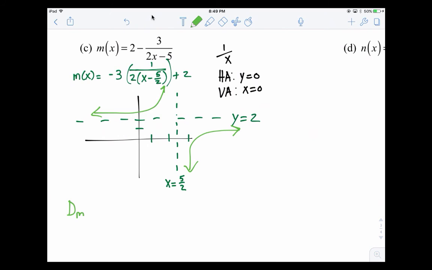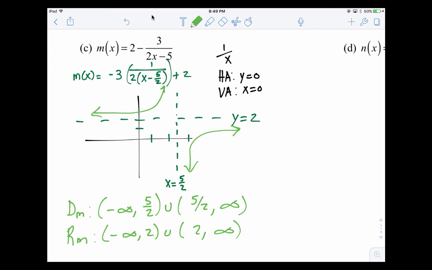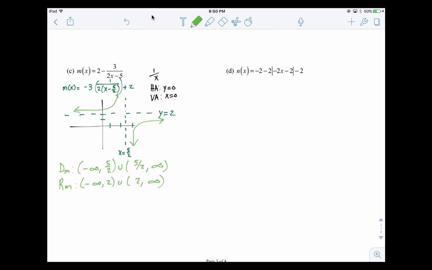You just have to kind of get the main idea from them. So my domain would be negative infinity to 5/2 union with 5/2 to infinity, and then the range, that would be negative infinity to 2 union with 2 to infinity. Again, refer to your 1 over x graph and those different properties to help you figure out how that one looks.